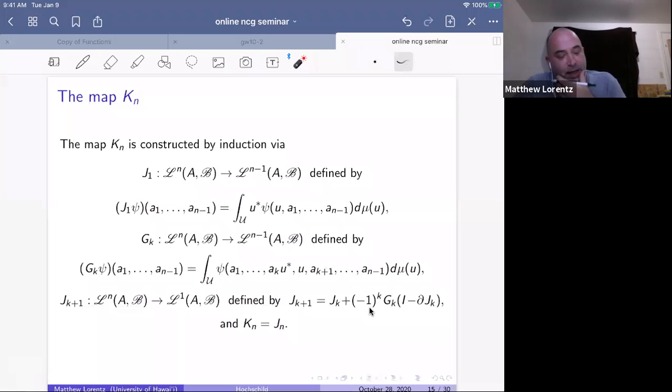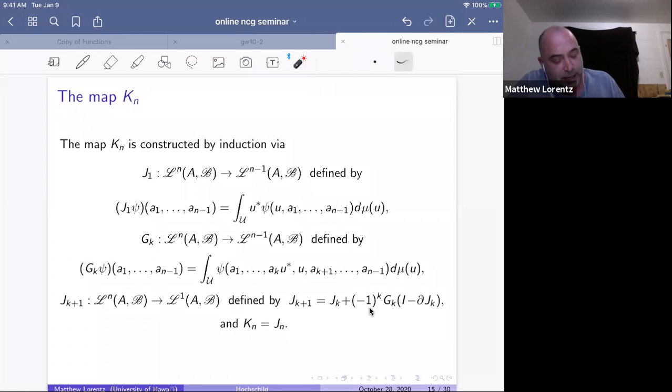Now the map Kn, first we start with a map we call J1, and applying it to psi, we take in a vector, and we stick it in the averaging operator, where we're averaging over U star in the front and then U in the first coordinate. Then we also have this map Gk that takes in a vector, and this time we put the U star behind the kth coordinate, U in the k plus 1, and then line up the rest of our vector afterwards.